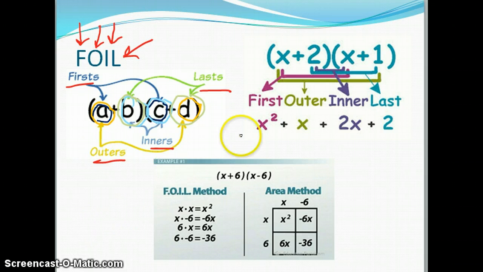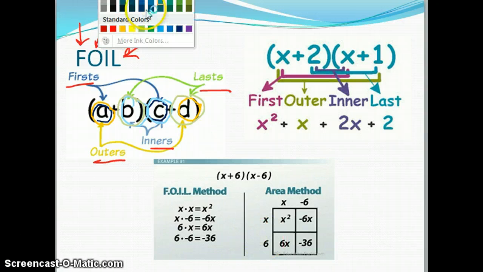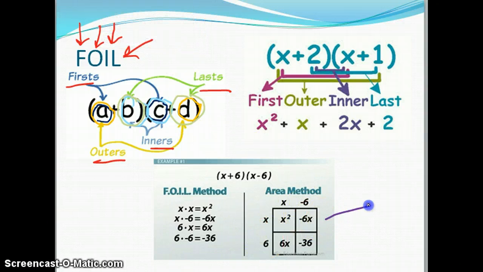On the bottom here, you can see that I also put that square that we talked about last week. That square, that little matrix, really helps some people. It shows you what you're multiplying. So the first thing they're looking at is those first. They did x times x to get x squared. Then they did the outside, x times negative 6 to get negative 6x.